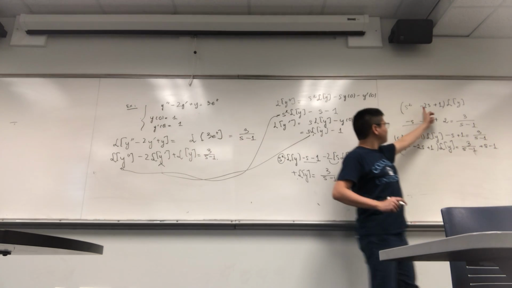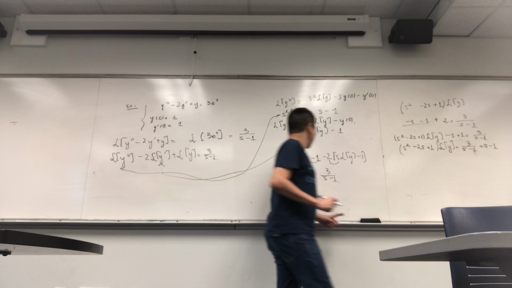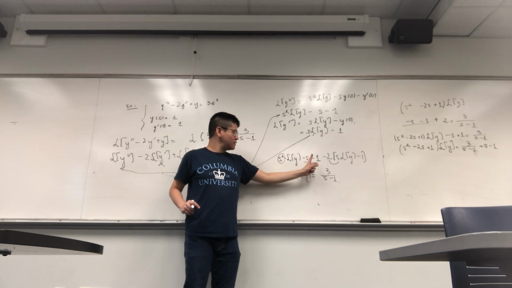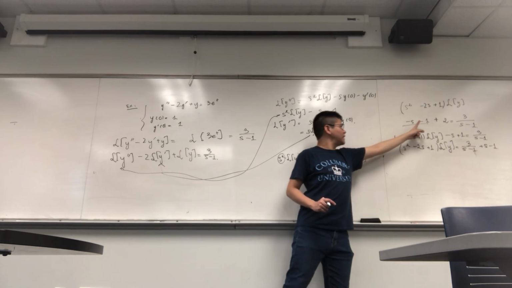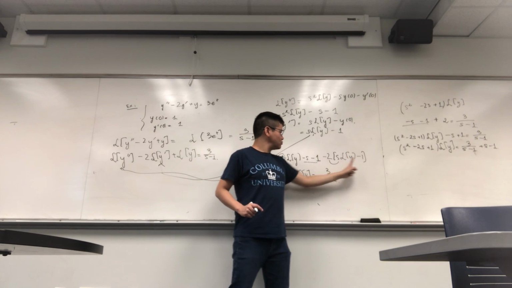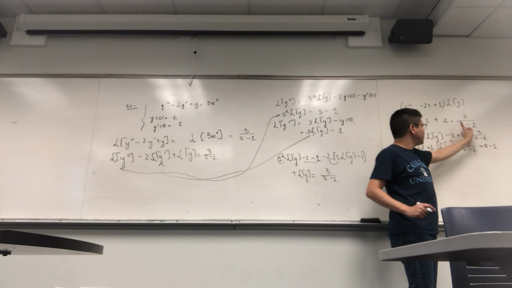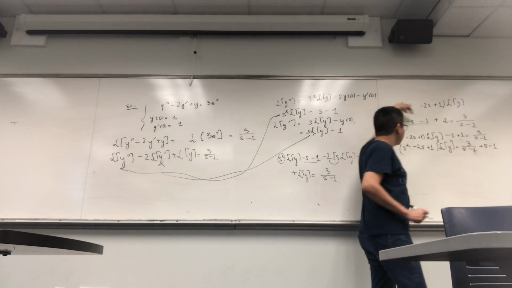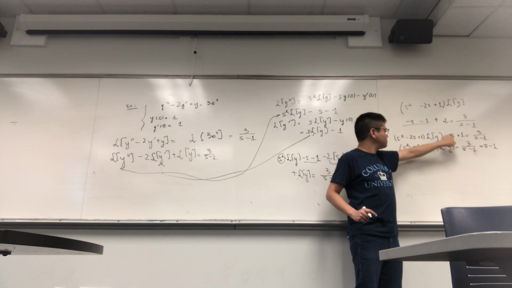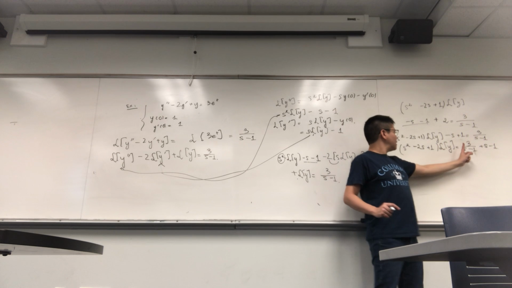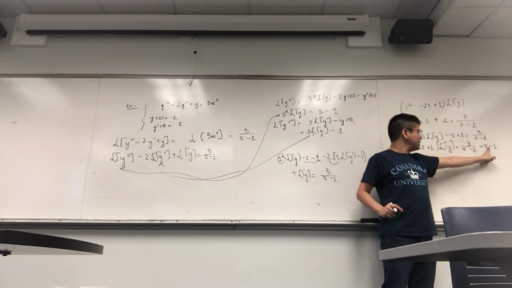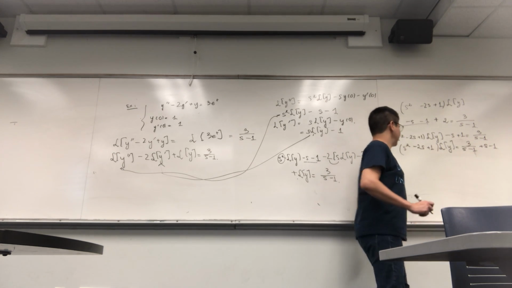So this is s squared minus 2s plus 1. The other terms: minus s minus 1 minus 2 minus 1, so this is plus 1, 2. And the right hand side is 3 over s minus 1. Minus s minus 1 plus 2 is minus s plus 1. I put minus s plus 1 on the other side. I have s minus 1.